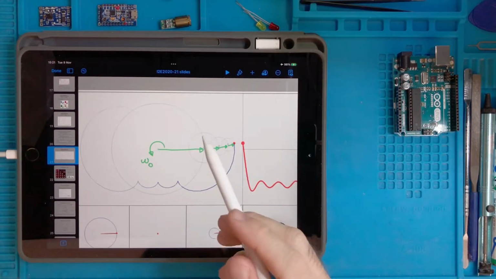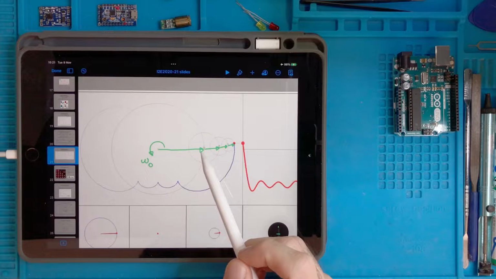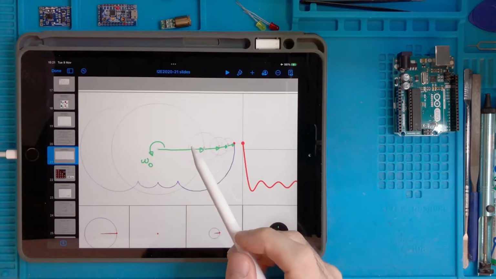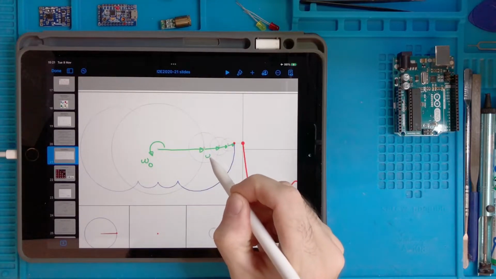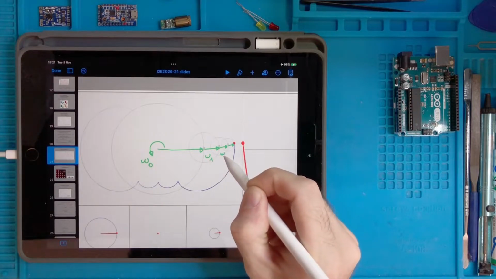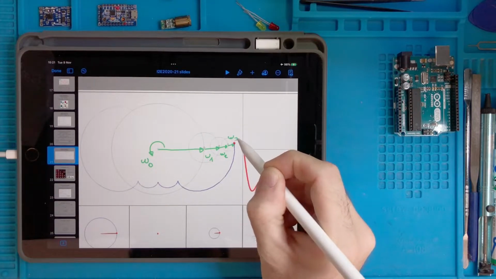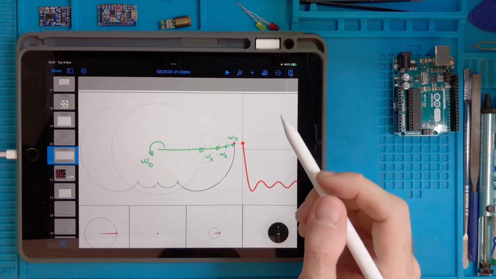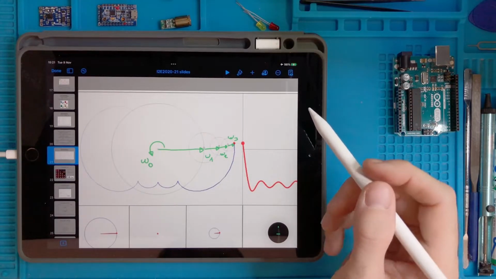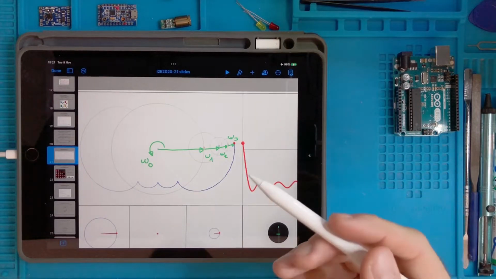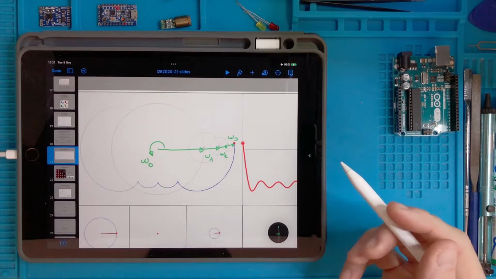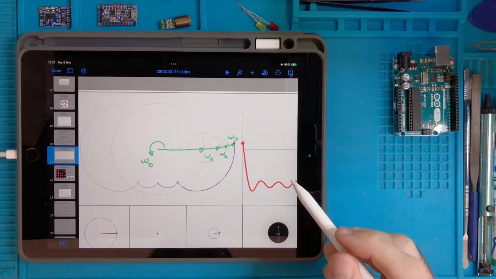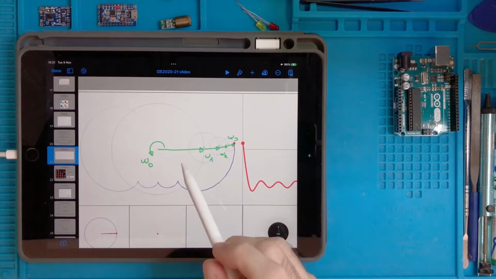So if we do this, then we have to consider that those phasors are rotating, but each with a different frequency. So this one will rotate with frequency omega 1, this one omega 2, this one omega 3. They all have a different initial angle, which is the initial phase. In this case, the calculation is quite simple because for this square wave, the initial phase is 0 for all frequency components.